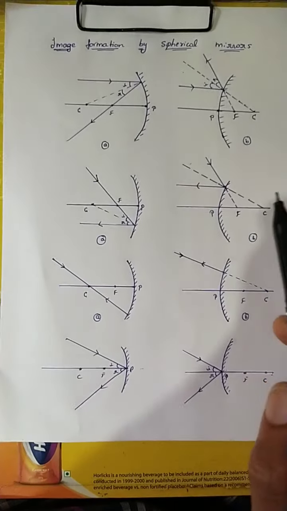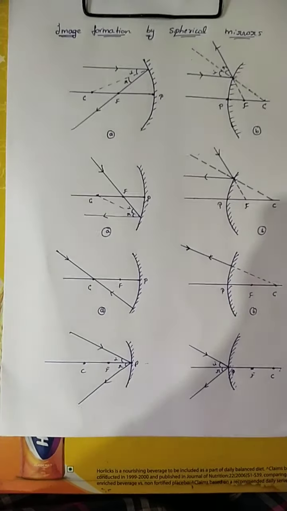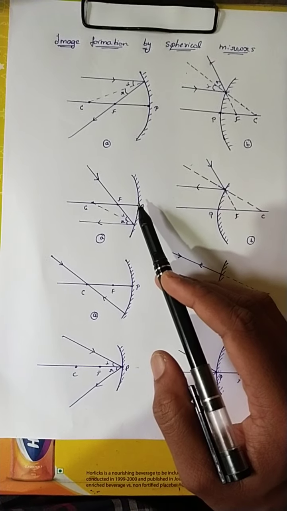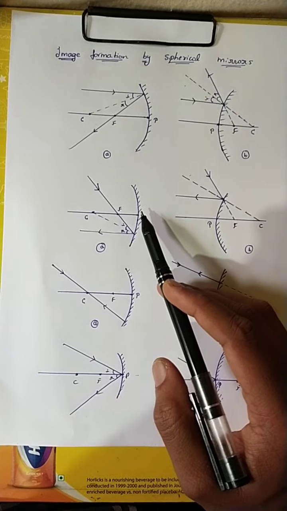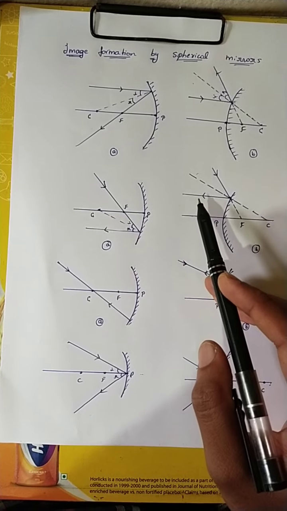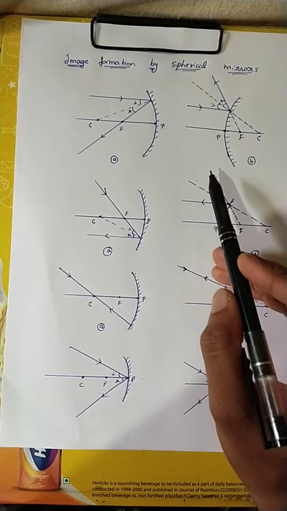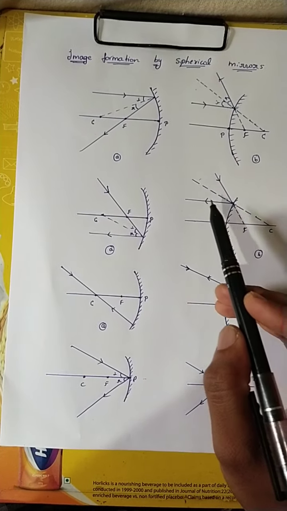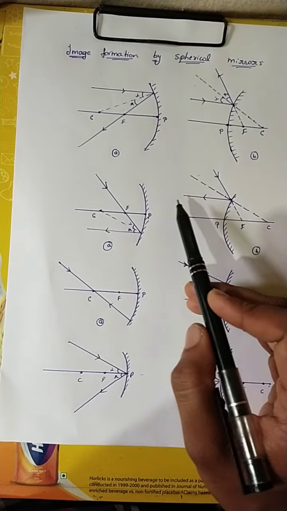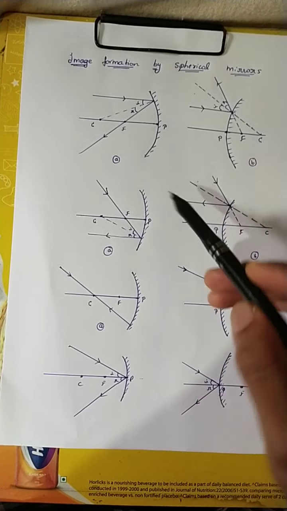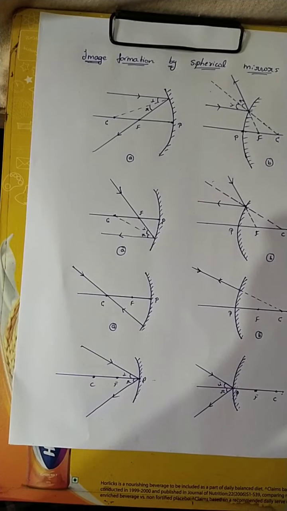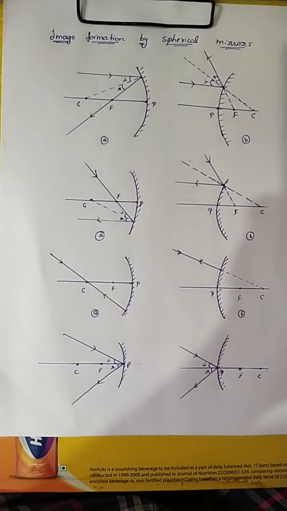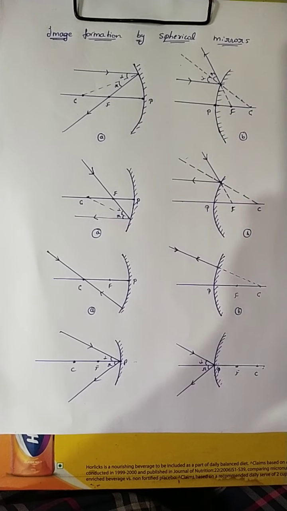So that is the diagram for the convex mirror. Clear? In the first diagram, a ray parallel to the principal axis falls on the reflecting surface of a concave mirror. In the second diagram, the reflected ray is parallel to the principal axis.